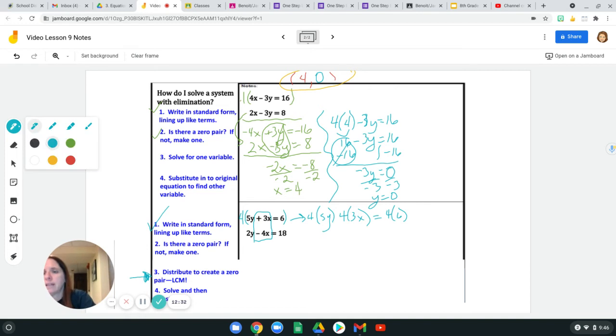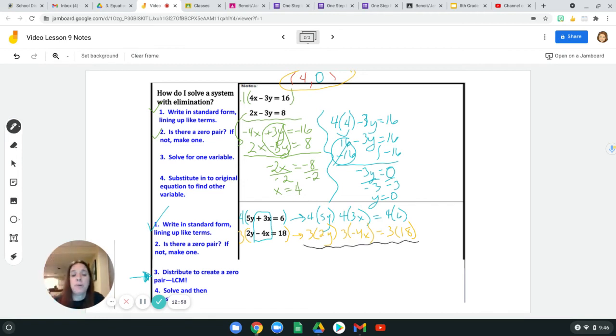Now, in the second linear equation, to get this to be a negative 12x, I've got to multiply that whole linear equation by 3. So I'm going to do 3 times 2y, 3 times negative 4x, and 3 times 18. All right, let's see what our new equations look like for this system.